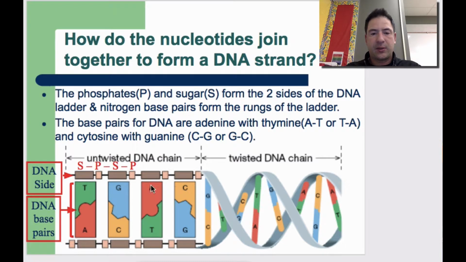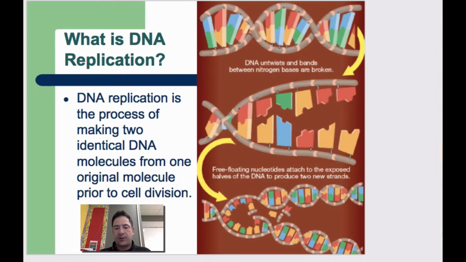So I'll talk to you about that on the next slide, but you must know that sugar phosphate backbone. You must know the nitrogen bases, and you must know which ones are complementary. As if I was going to write a strand out for you, you should know which one is which.